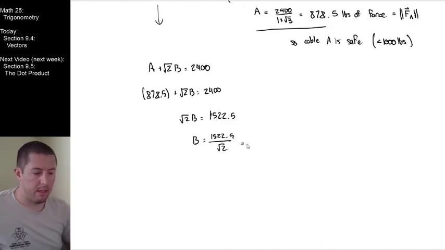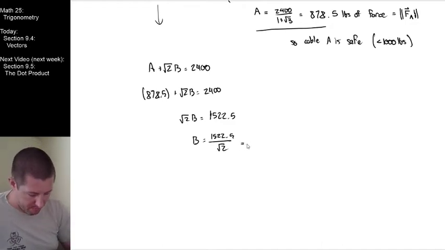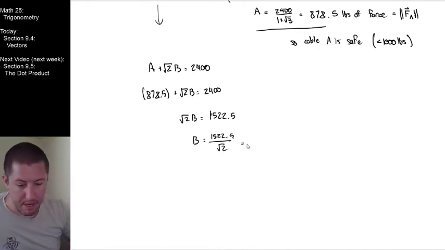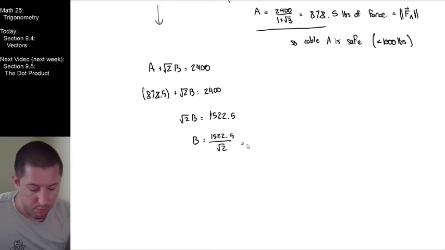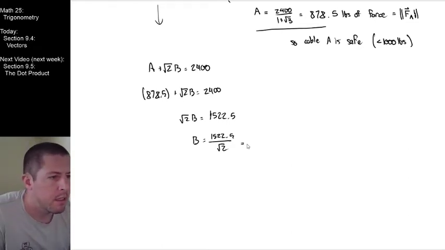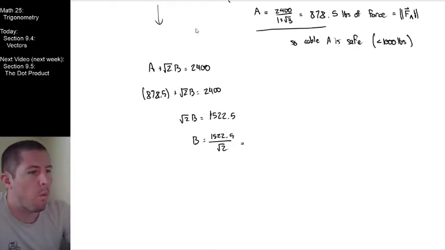If we go to our calculator and do this, let me make sure I did my subtraction in my head correctly. 1522.5 divided by the square root of 2, and I'm getting 1076.57. Did I do my math right? Oh, that's a 1521.5 right there.